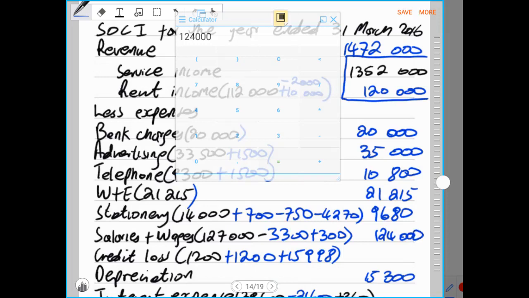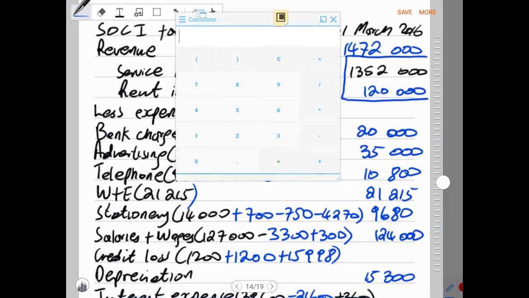Then after we have our credit losses, and our credit loss is 1,200 times 2. That will be equal to plus 15,998. That will be 17,000.